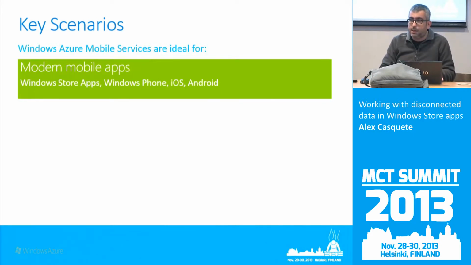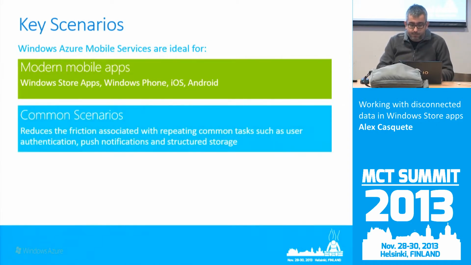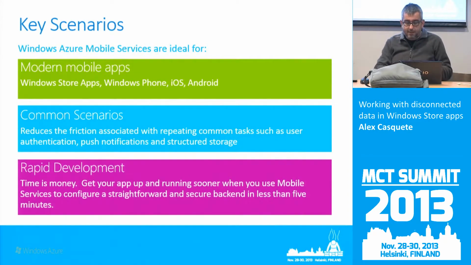We can use mobile services to do a backend for all the Windows Store applications, for Windows Phone, for iOS and Android. Okay, we can use this backend in all the platforms. And the most important is that it's very easy and very fast to create this backend.